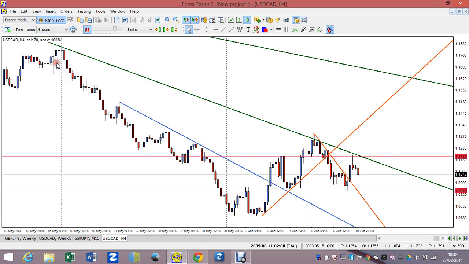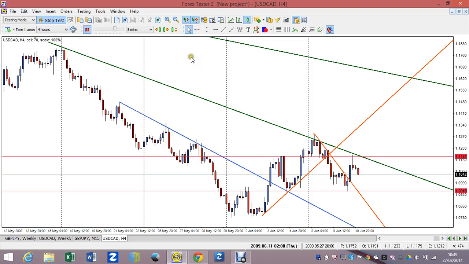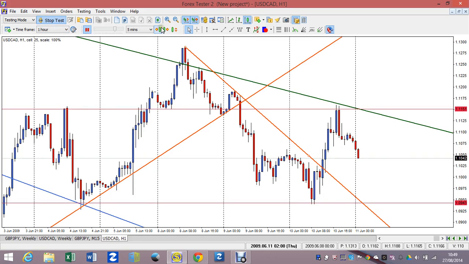Let's zoom out to the 4 hour again here. Reacting to the daily trend line, the hourly chart.